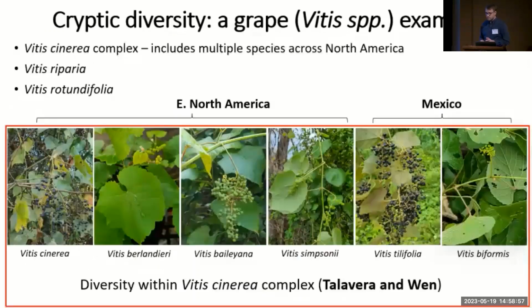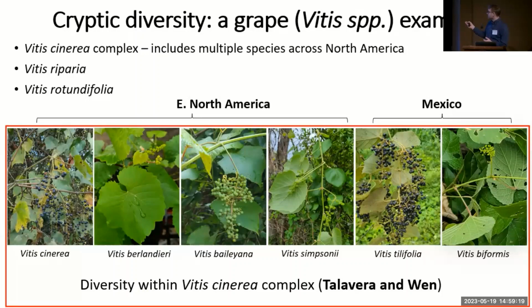But just to give you a sense of the possibility for cryptic diversity, I'll give an example with grapes, and this is work that Alicia Talavera and June Wen are doing here at the Smithsonian. There are 3 different grape species that show this disjunction pattern. One of those, the Vitis cinerea complex, recent work has shown that it in fact includes multiple species across North America and Mexico.